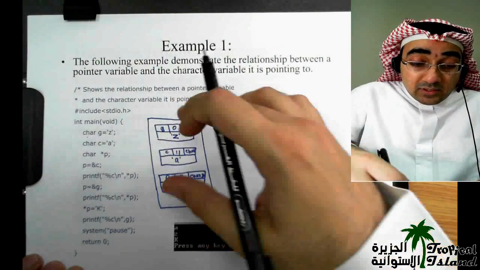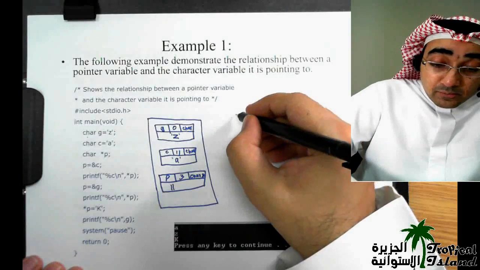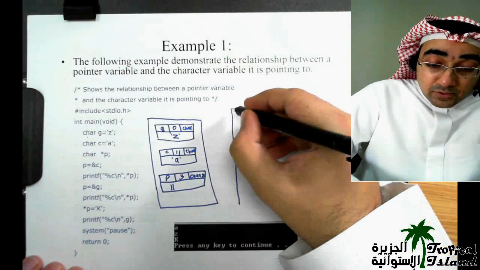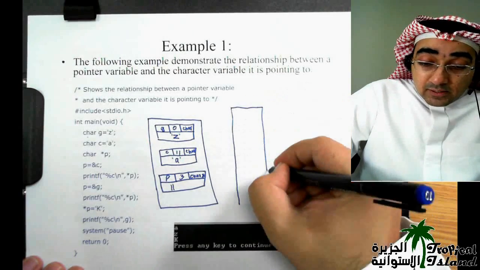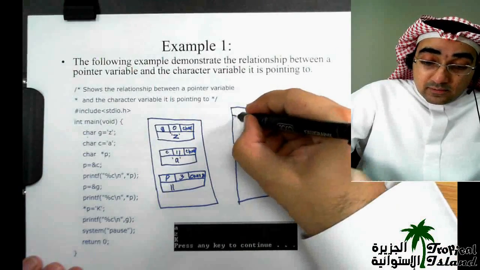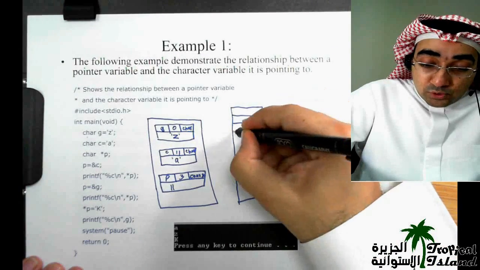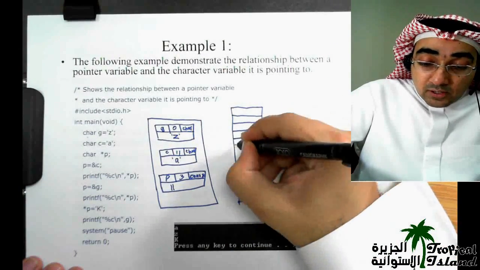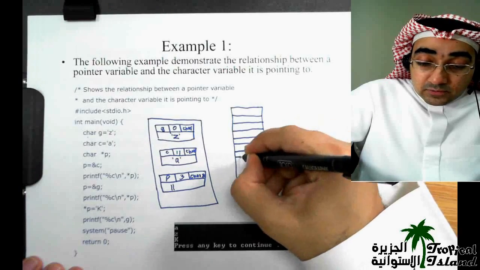If you want to compare this with the full memory, I'm going to draw the full memory over here, since I am in a good mood today to draw the memory for you.